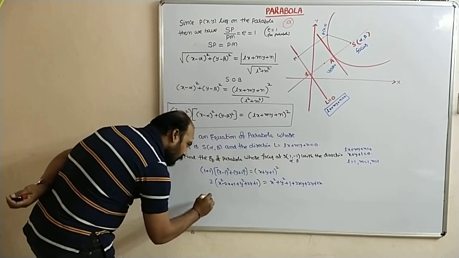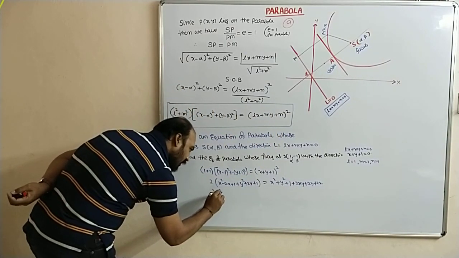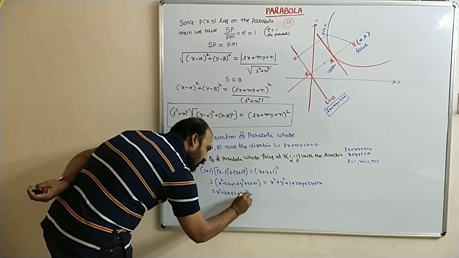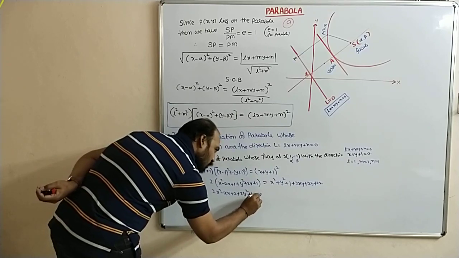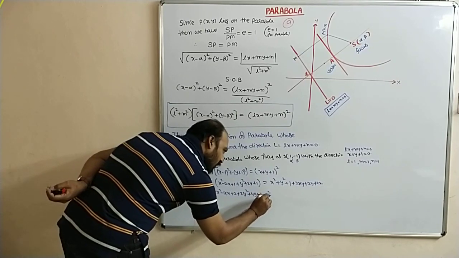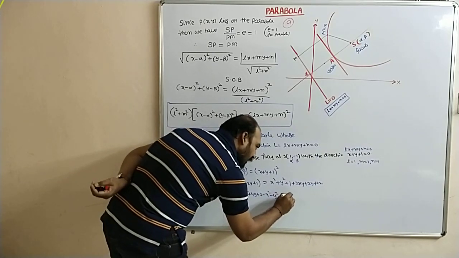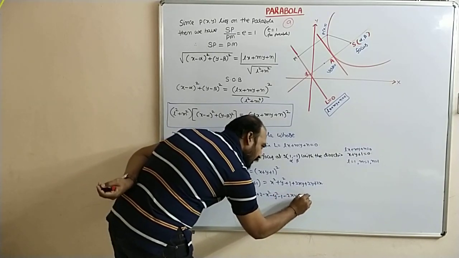After that, each and every term we have to multiply with 2: 2x square minus 4x plus 2 plus 2y square plus 4y plus 2 minus x square minus y square minus 1 minus 2xy minus 2y minus 2x equal to 0.